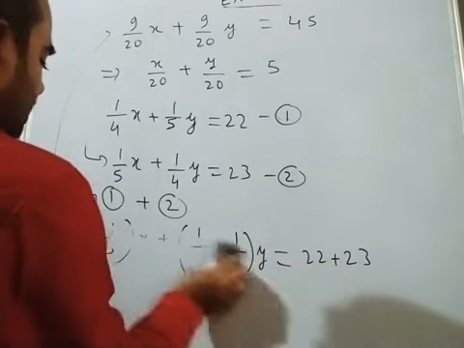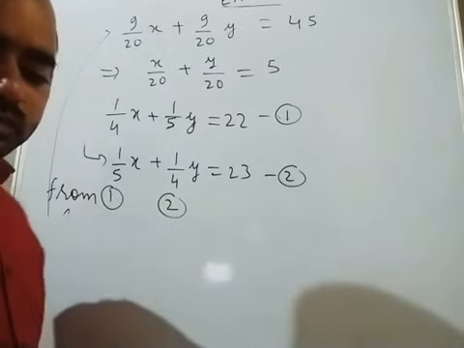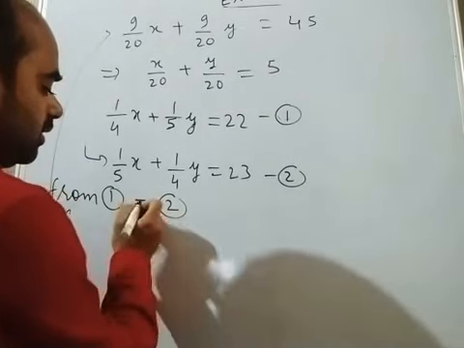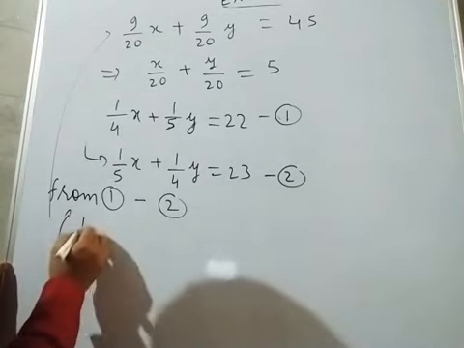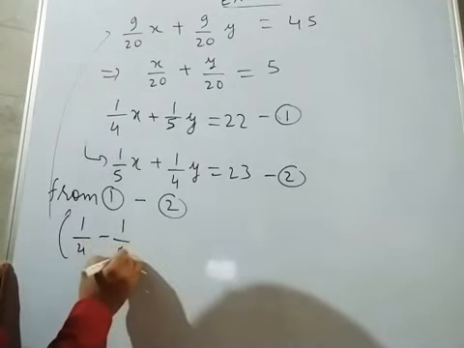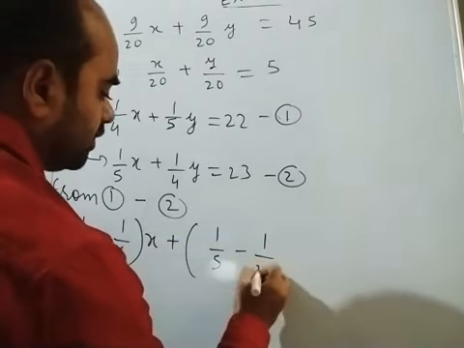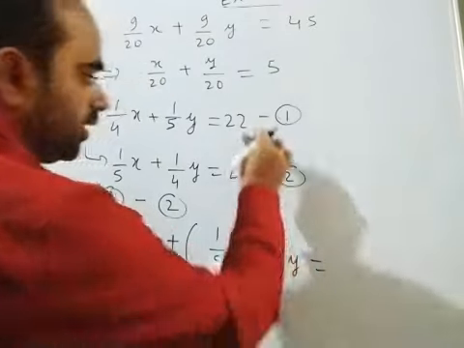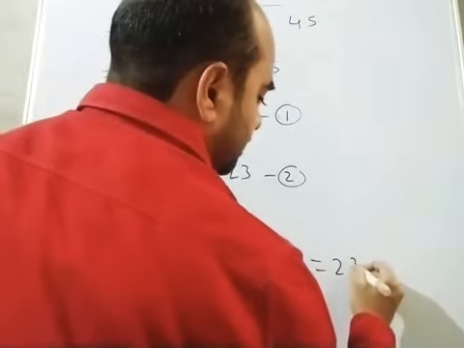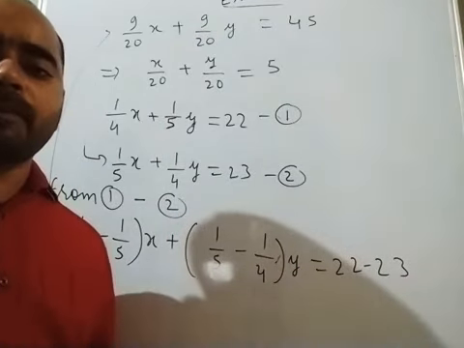Now similarly we will subtract. When you subtract, this will become 1 upon 4 minus 1 upon 5 x plus 1 upon 5 minus 1 upon 4 y is equal to 22 minus 23, that is minus 1. Clear?